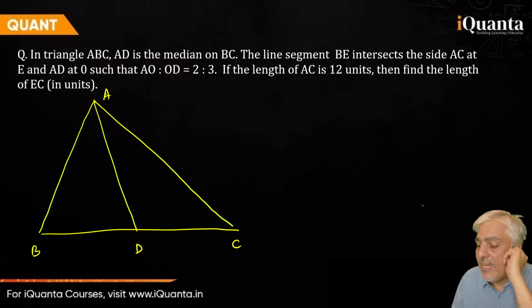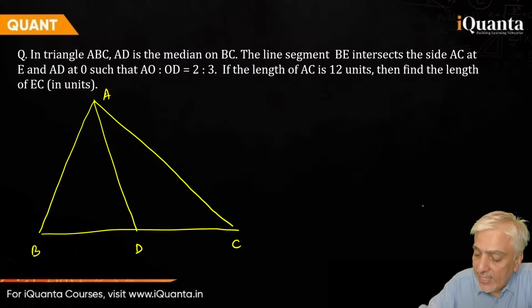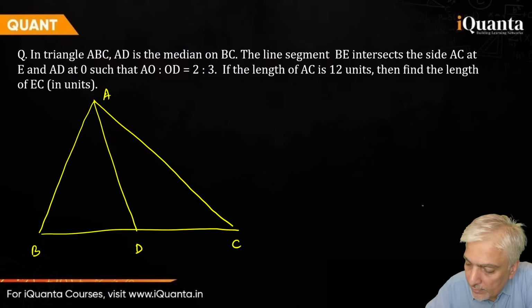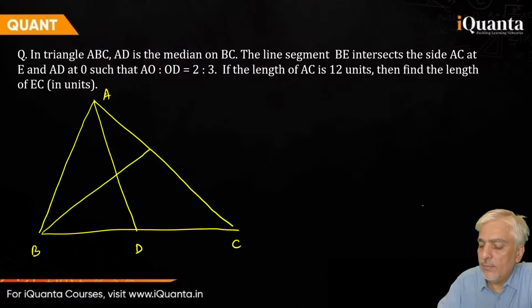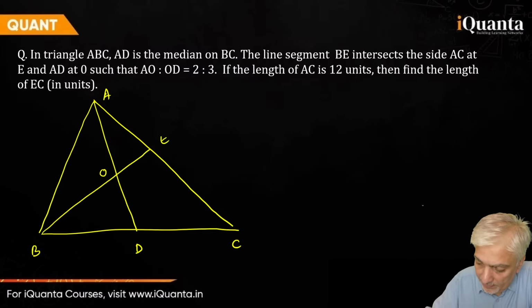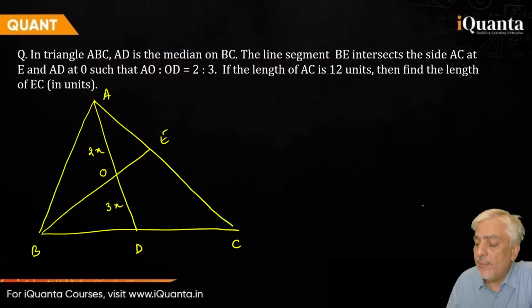The line BE intersects side AC at E, such that AO to OD is in the ratio 2:3.